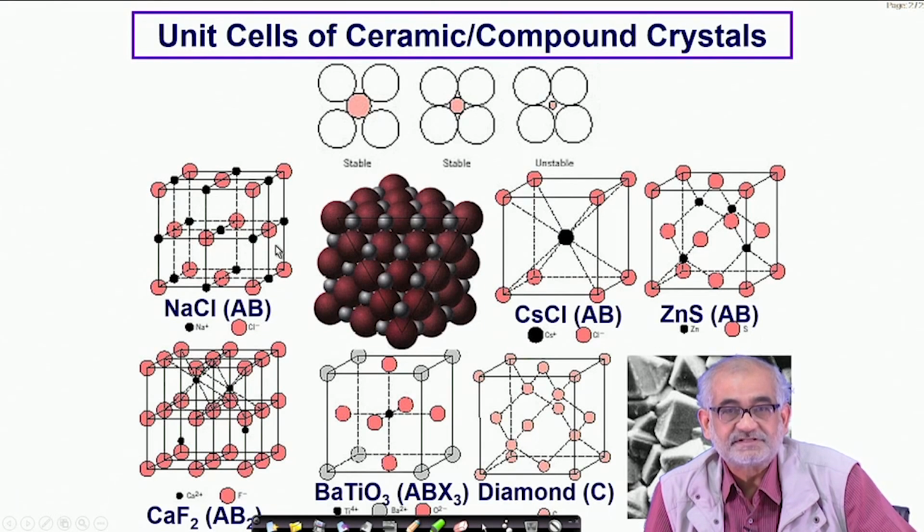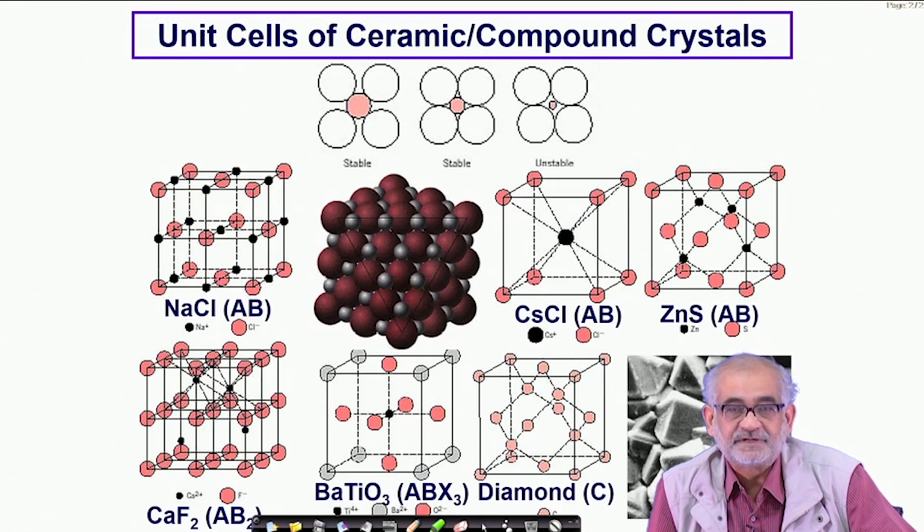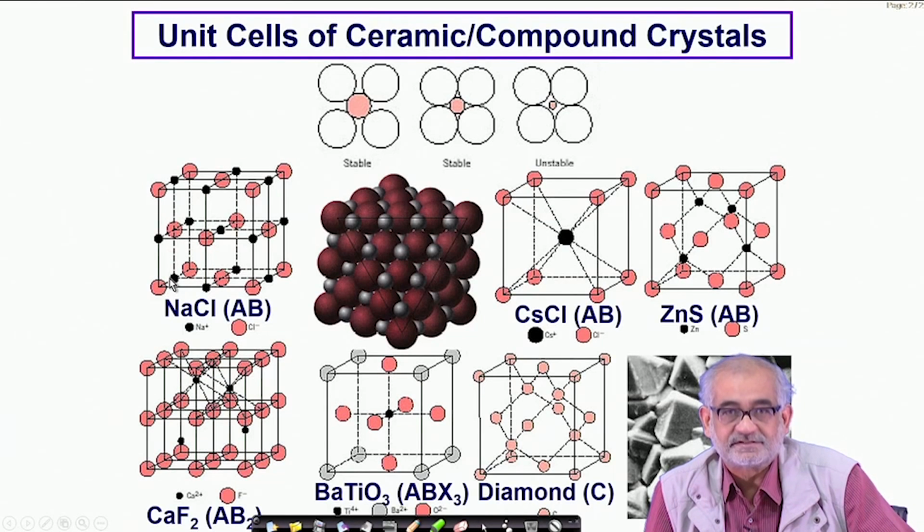Though it appears much bigger and with a much larger number of ions in it, it is structurally possible to explain that this is an FCC unit cell where per lattice site we have two ions or two species, an anion and a cation.